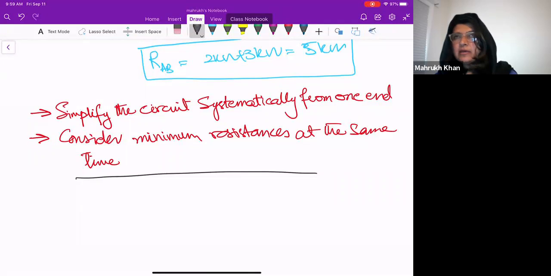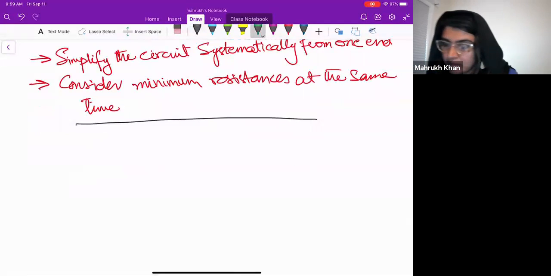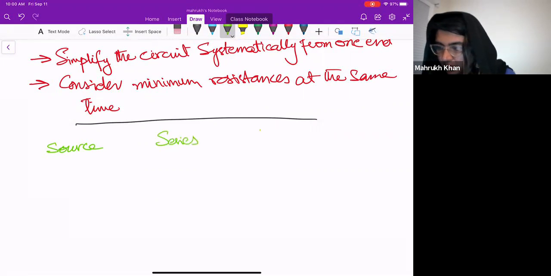I think we have previously done one question in which we were trying to solve multiple sources. Multiple sources can be in series or in parallel, but we need to take care what type of source this is. So I just want to summarize this: if you have a source, it matters if they are in series or in parallel.